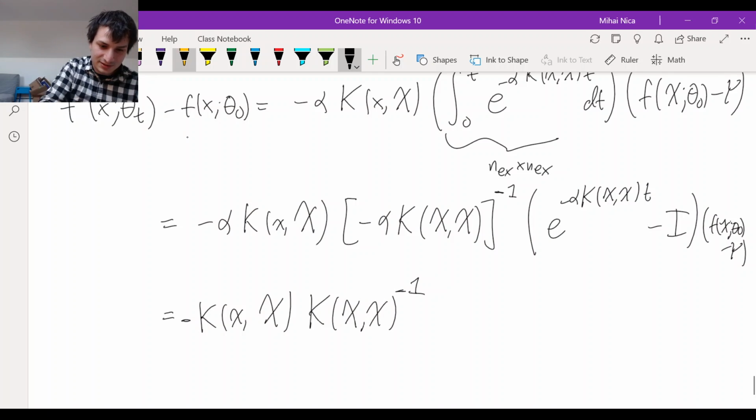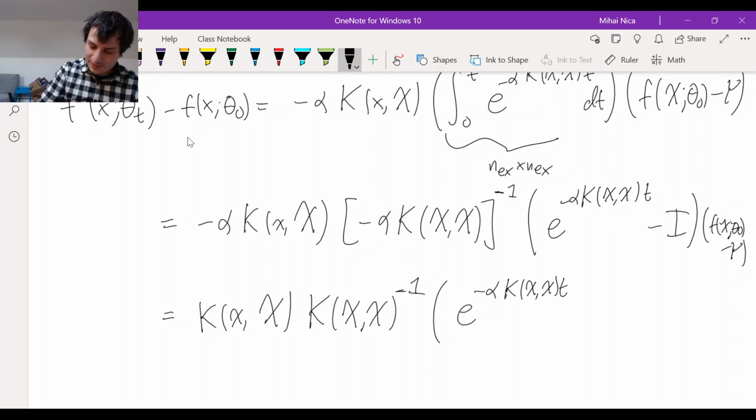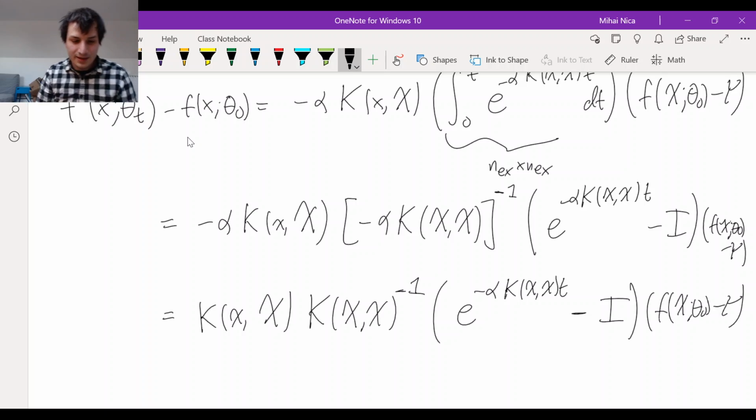I guess the minus signs cancel out as well. And then you have e to the minus alpha k of x t minus the identity times f of x theta 0 minus y. And this is the exact formula for f of x theta t for any time t.